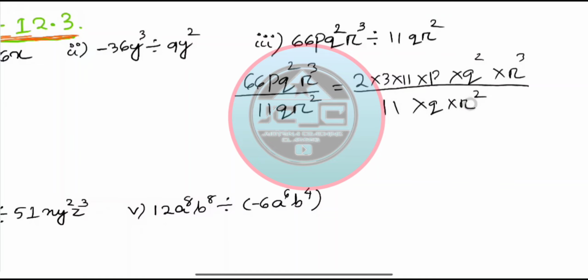So r square and r cube got cancelled, only r remains, q square and q, q got cancelled, and 11 got cancelled. The only thing that remains is 2 into 3, 6pqr. This is the final answer of bit iii.